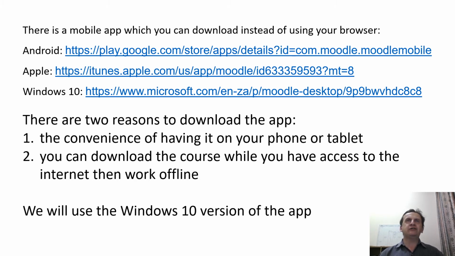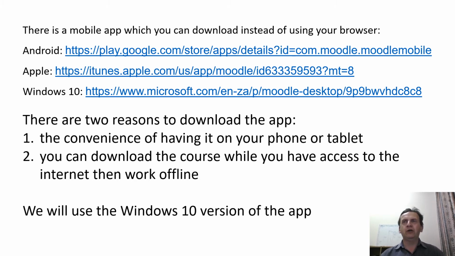There are 2 reasons to download the app. The first is the convenience of having it on your phone or your tablet. But the second is more important. You can download the course while you have access to the internet and then work offline.